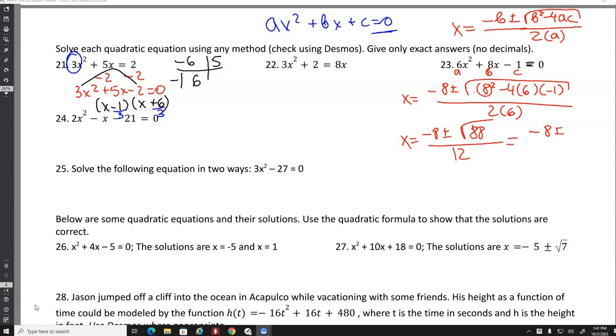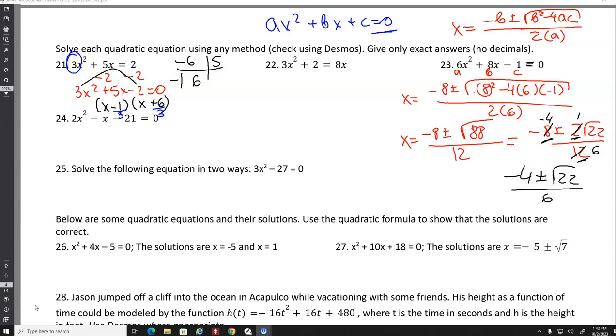Now, the square root of 88 is 2 root 22, divided by 12. Again, I'm not done because I can divide 8, 2, and 12 by 2. So this is negative 4, 2 divided by 2 is 1, and 12 divided by 2 is 6. My final answer is negative 4 plus or minus root 22 divided by 6.